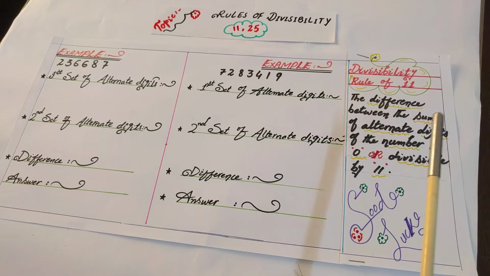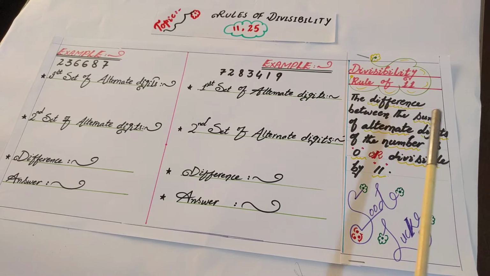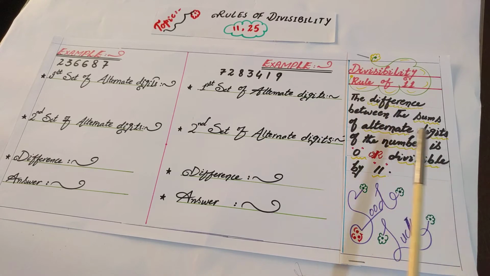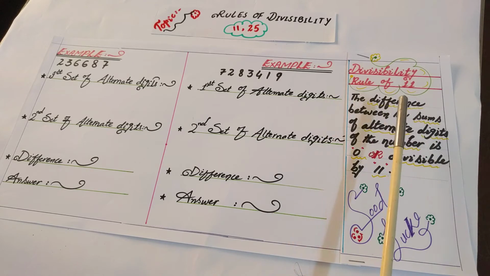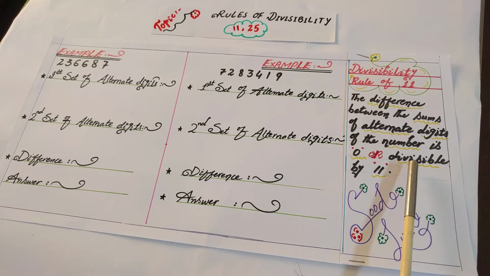Firstly you will find the alternate digits, then the sum of the alternate digits, and then the difference of those sums. If the difference is 0 or any other number which is divisible by 11, then that whole given number will be divisible by 11.